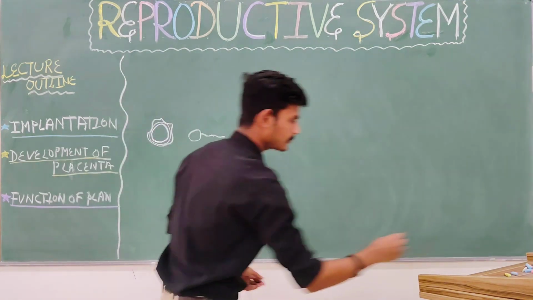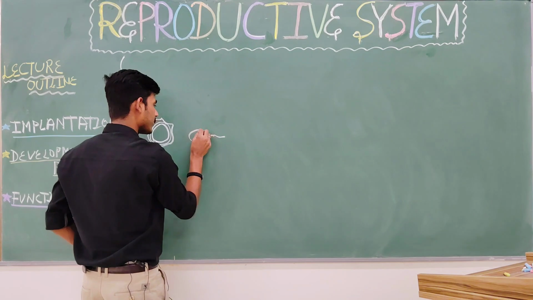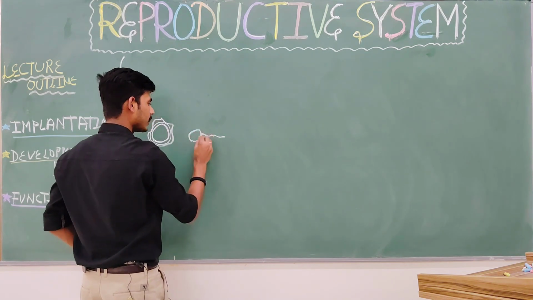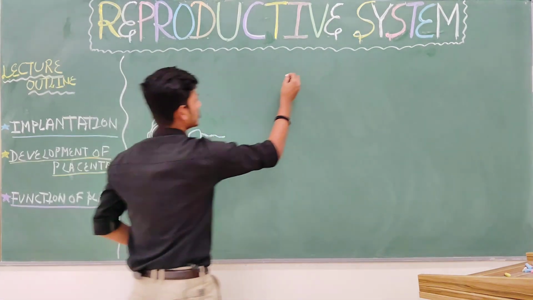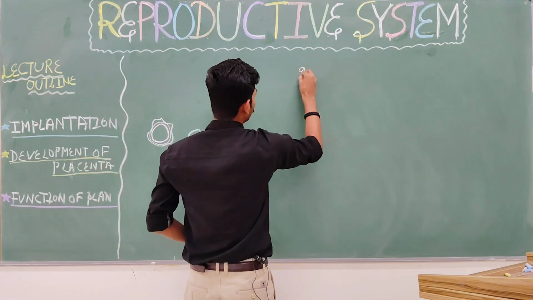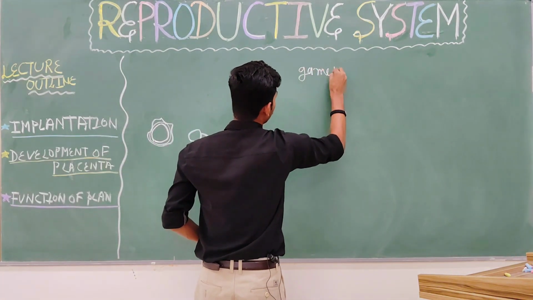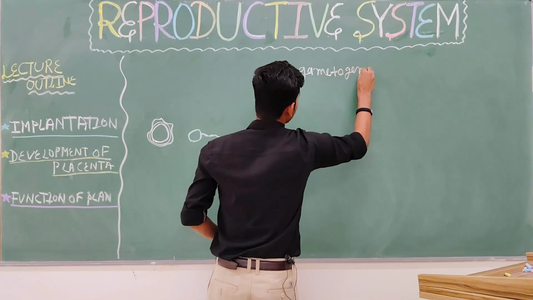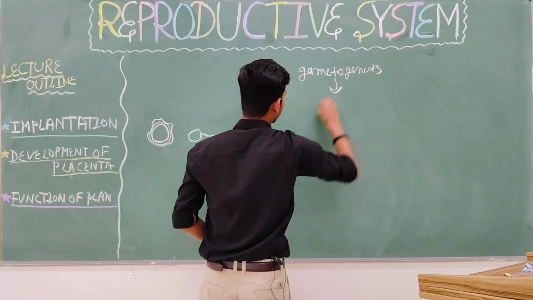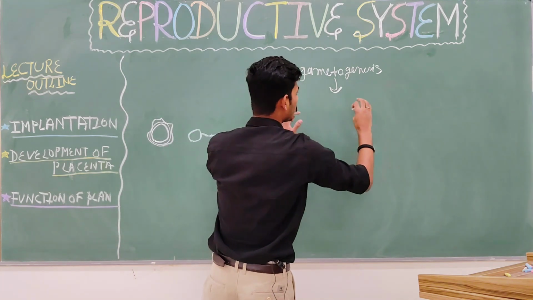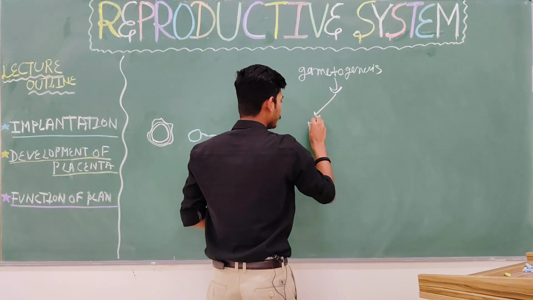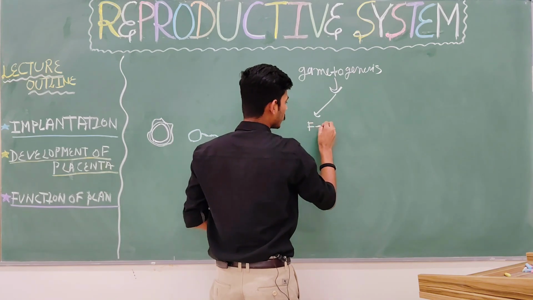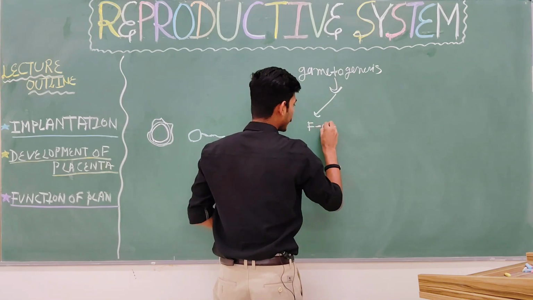Through the process of gametogenesis there will be a formation of gametes, two types of gametes. In the case of females, there is a production of ova, or the egg.